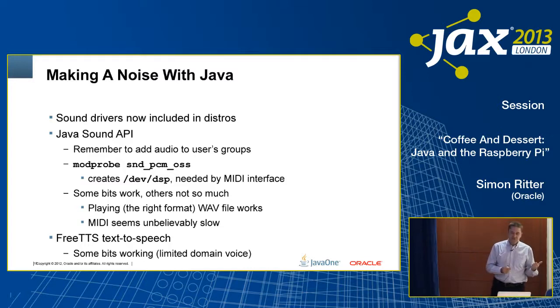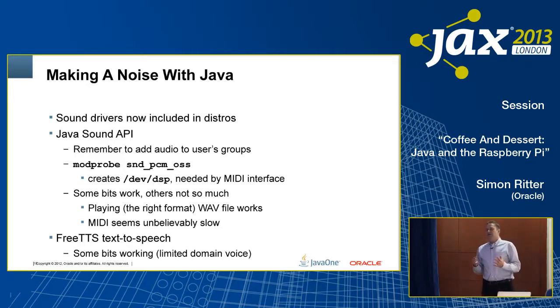One is you have to add the audio group to your user's list of groups so that it has access to the audio output. And then if you want to use the MIDI interface, you have to do modprobe snd_pcm_oss in order to create the /dev/dsp device, which is what's used by the MIDI controller to make sound from the Java Sound API.